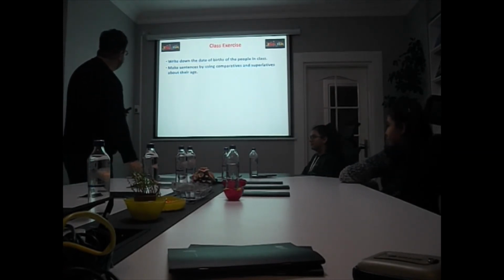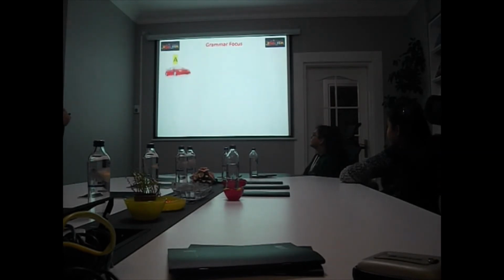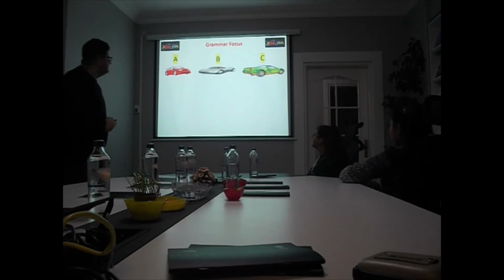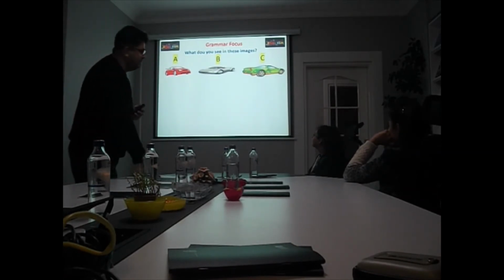Okay, that's pretty much good enough, let's go on. There's another example this time. What do you see? 3 cars. But what about the differences? What do you see about the differences among these 3 cars?